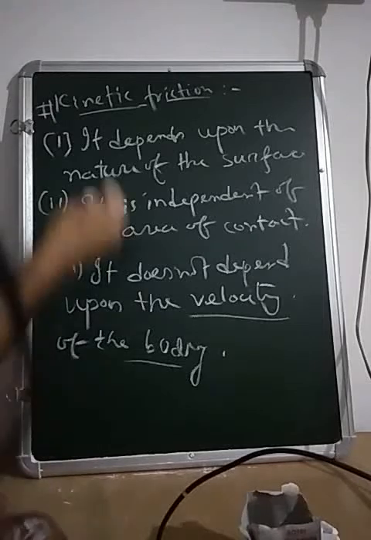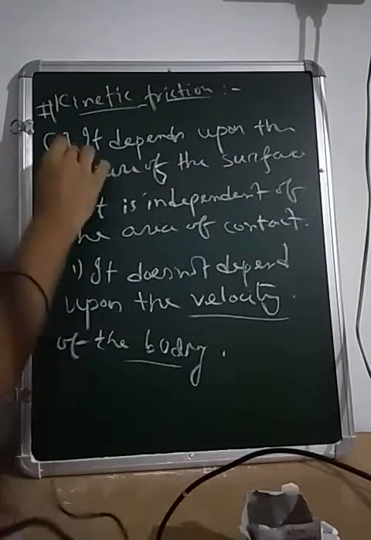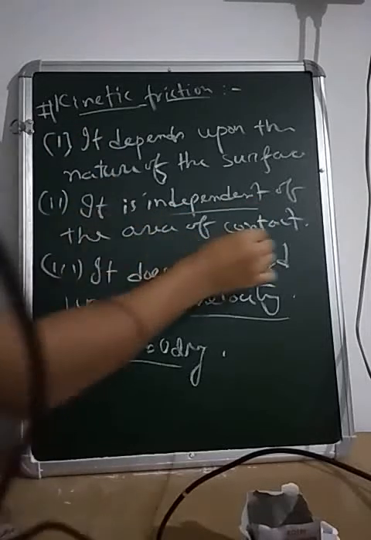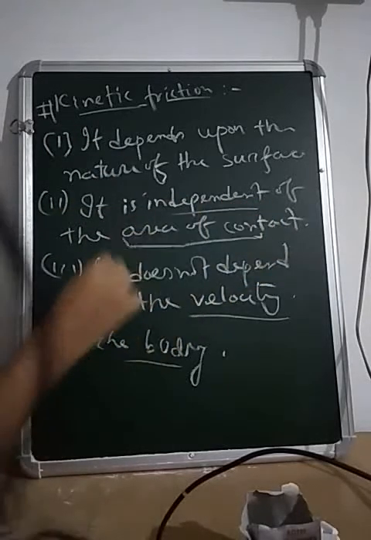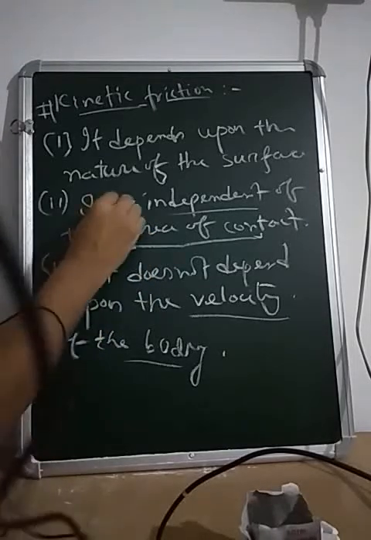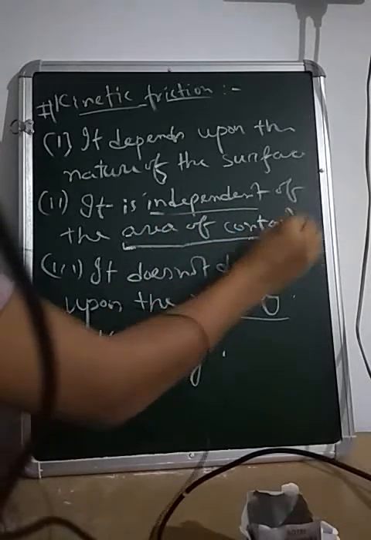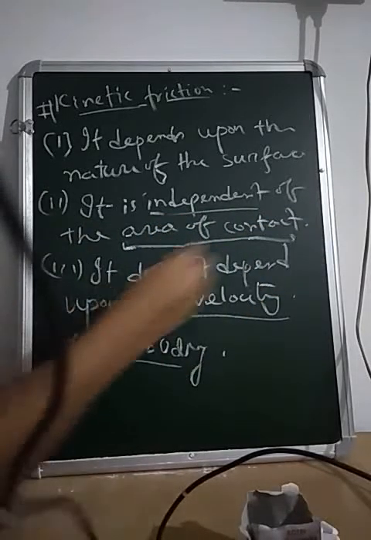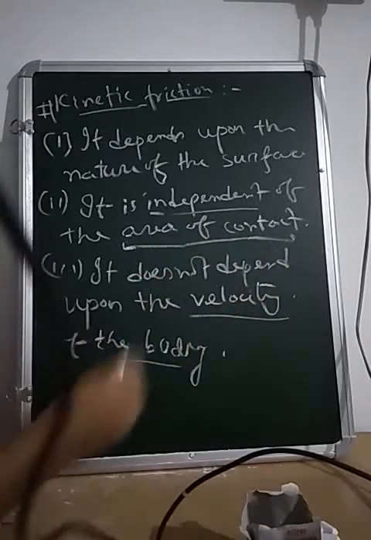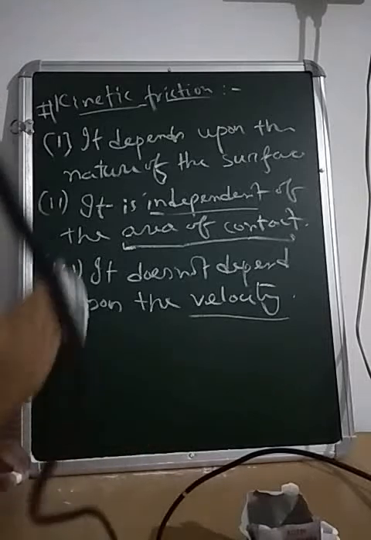So kinetic friction depends upon the nature of the surface, how smooth the surface is. It does not depend upon the area of contact. It only depends upon the normal reaction of that body, and it does not depend upon the velocity at which the body is sliding or moving over some surface.